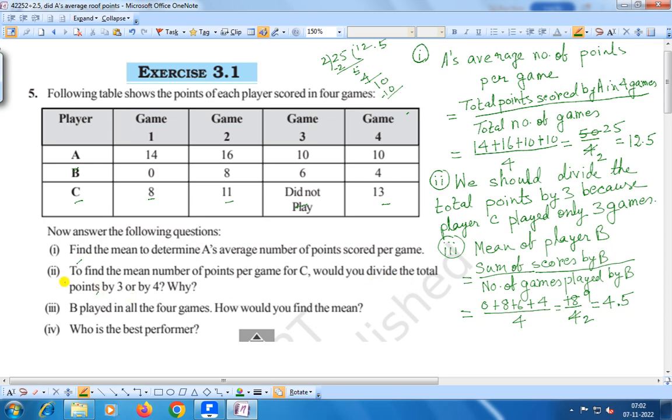Now, question number 4 is to compare the mean of all the players.